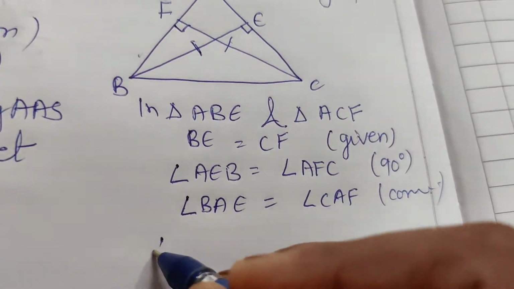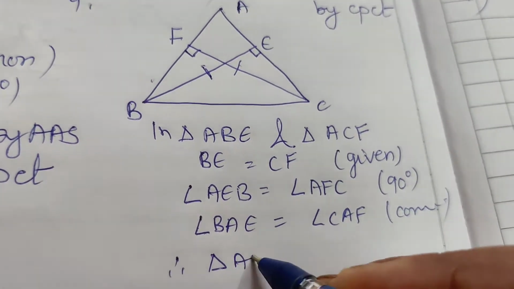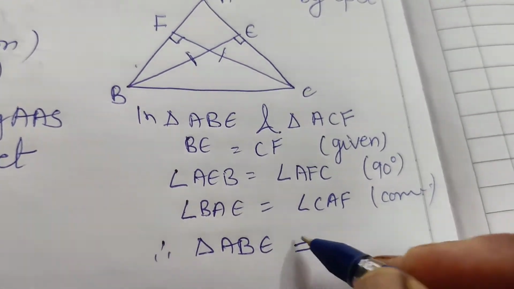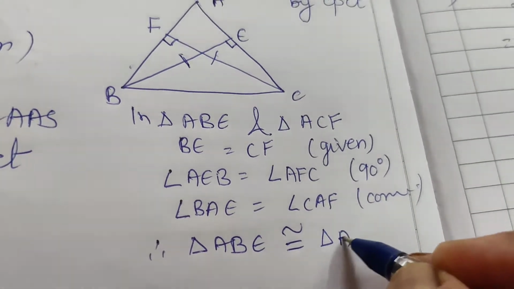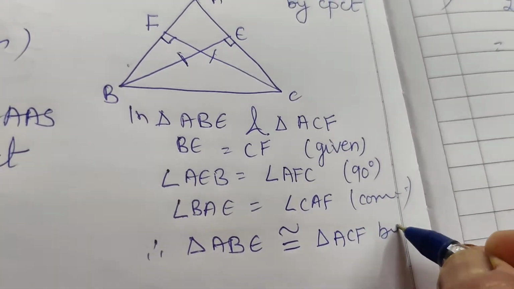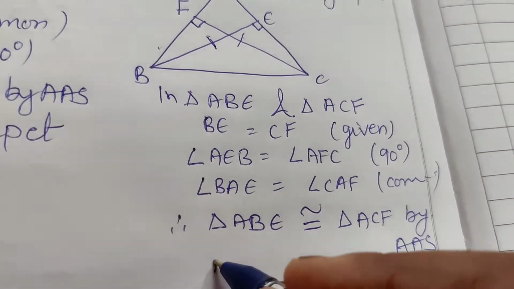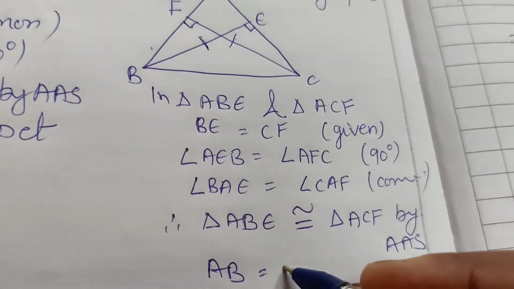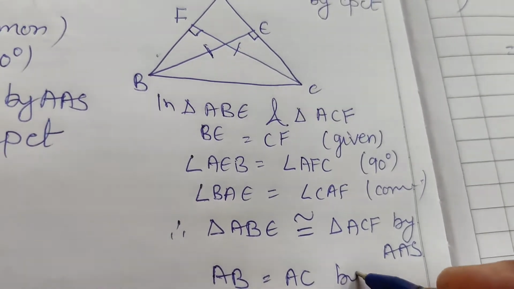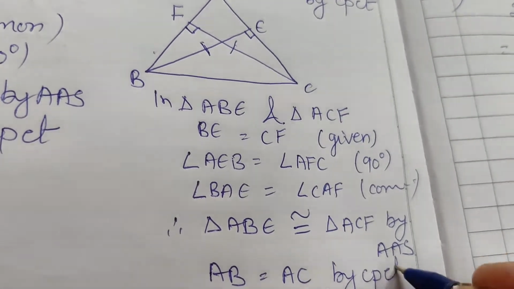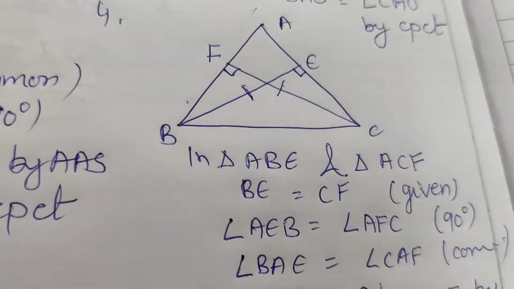Therefore, triangle ABE congruent to triangle ACF by AAS criteria. Now AB equal to AC by CPCT. CPCT means corresponding parts of congruent triangles.